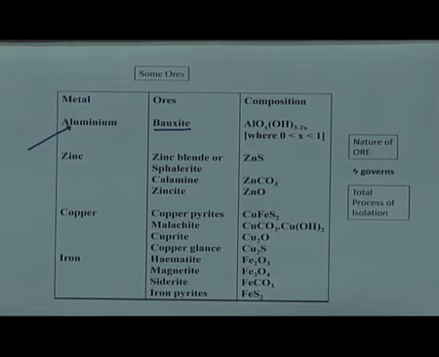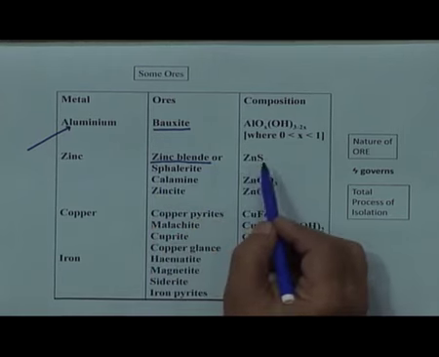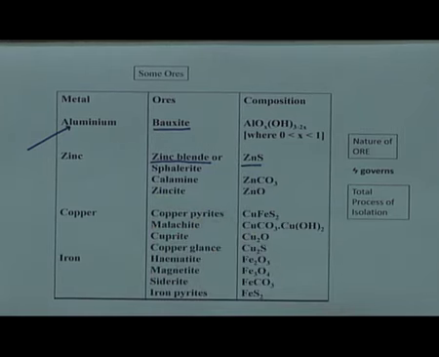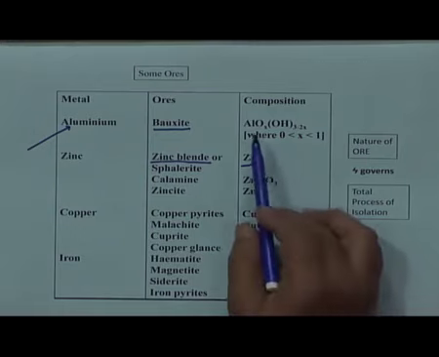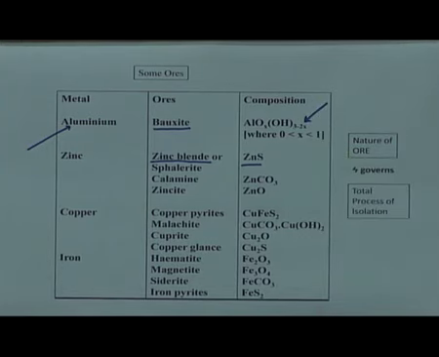It is used to make various alloys. Its principal ore is zinc blende. You see that the aluminium ore is a hydroxide, oxohydroxide, and zinc blende is zinc sulphide.